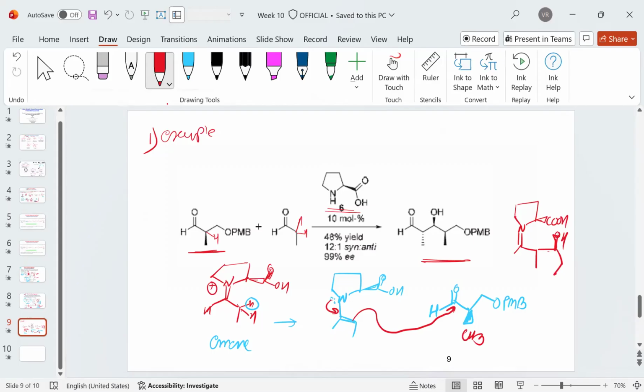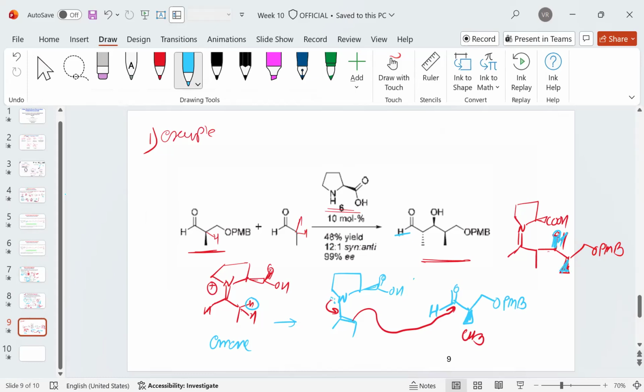This methyl will again remain on the top side, followed by this OPMB group, which remains as it is. In this case, you can see the hydroxy group present, which becomes beta.